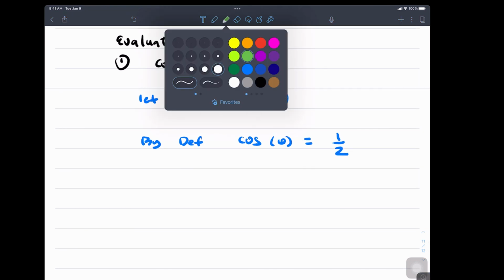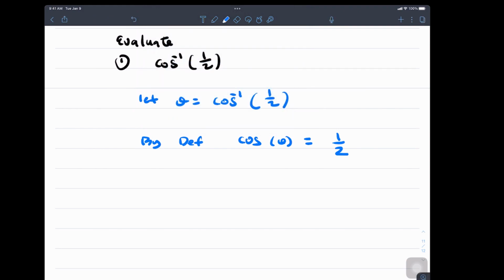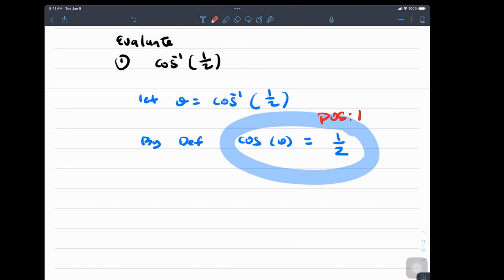Now, I want to make a big deal about this here. Here's the big deal. This is positive. Now, what that means is that theta is in quadrant 1. Okay? Because cosine is what? Is positive.